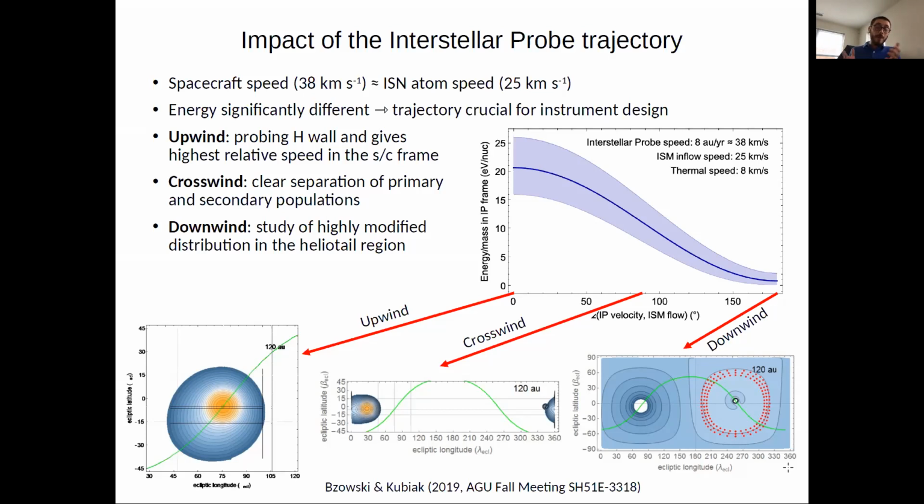So this is the less favorable case from the energetic point of view, but the signal will cover most of the sky. So there are a lot of interesting structures, and also the structure in the downwind. We know that for some particles we expect that there is a focusing cone in the downwind direction. Okay, next slide.